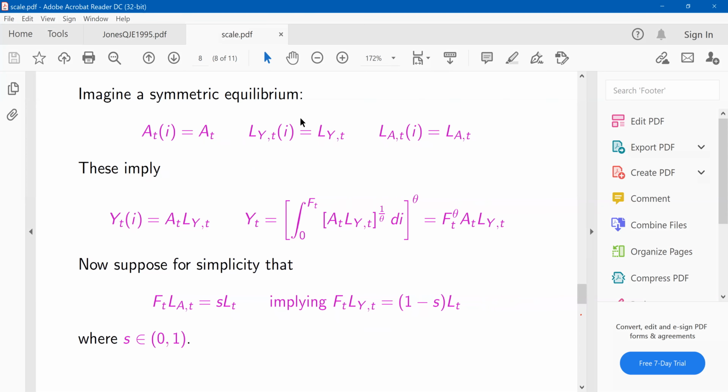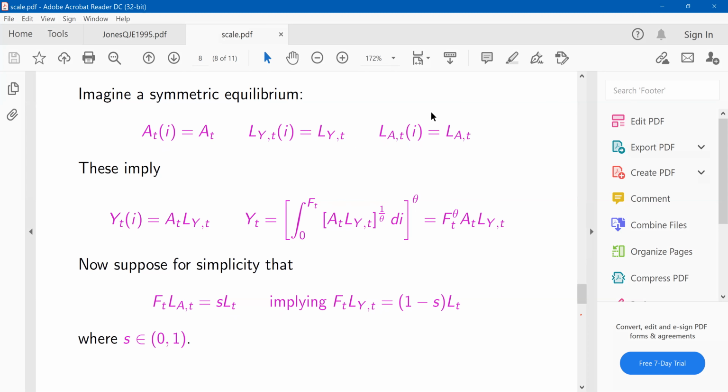But typically, because our purpose here is to derive the macro results, if you assume symmetry, we have averages equal to individual levels. Each and every firm employs the same level of workers in production, and each and every firm employs the same level of workers in R&D.